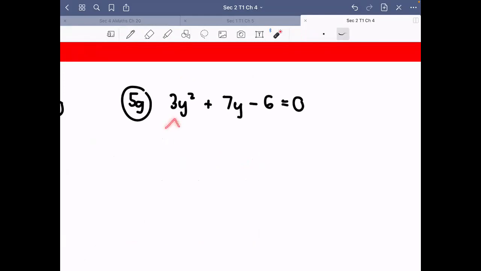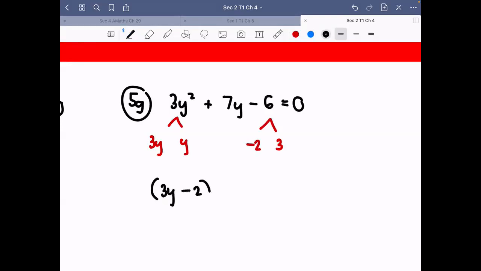So the factors of 3y squared is just 3y and y. And then for 6, of course, we have a lot, but let me just give you the correct answer now. So it's negative 2 and 3. Okay. So for this one, we got 3y minus 2, and then y plus 3 equals 0.